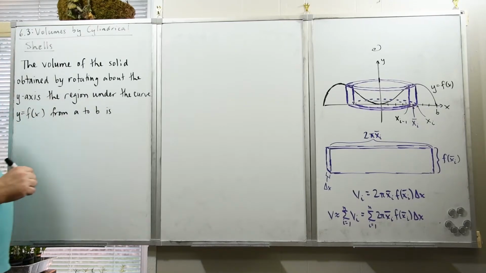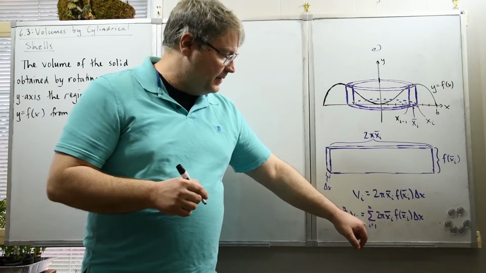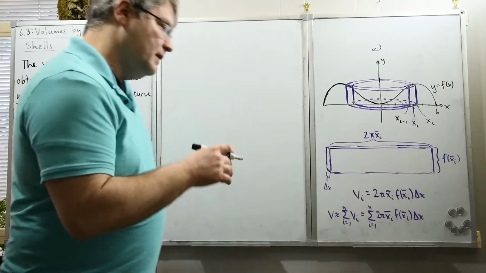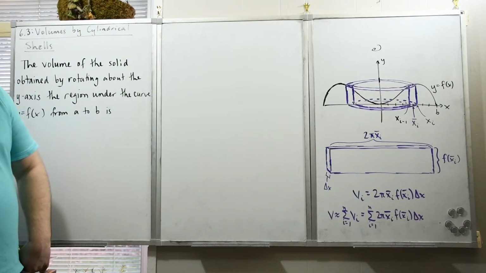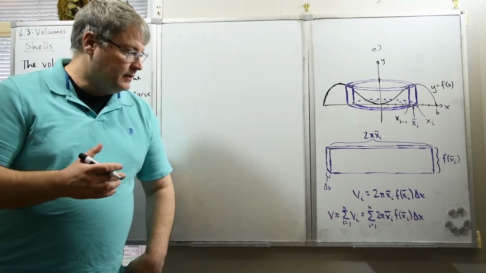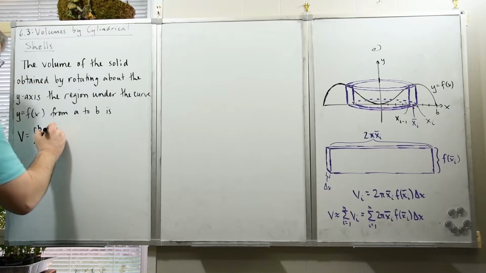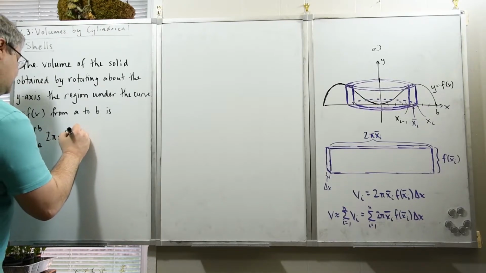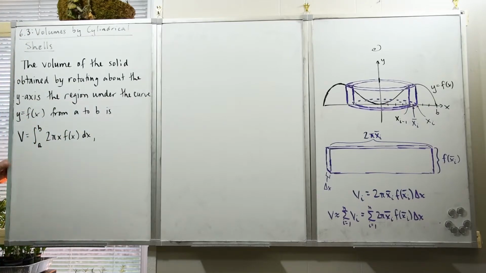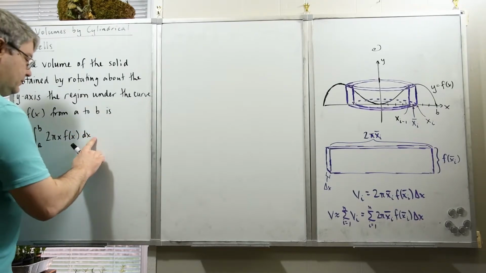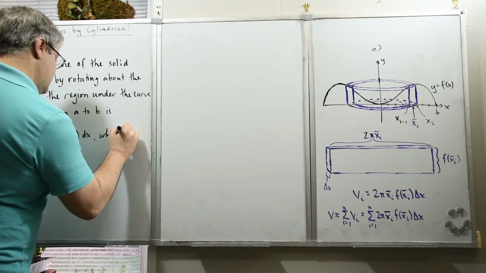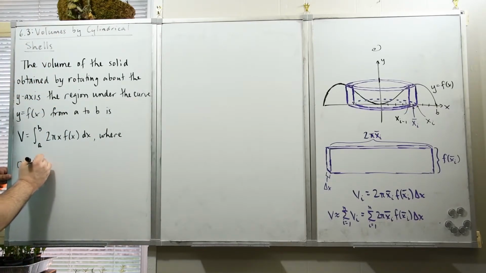Well, remember, the volume would actually equal the limit as n approaches infinity of the sum, but we can recognize that as the integral from a to b of 2 pi x times f of x dx. And that's what our volume formula looks like: the integral from a to b, 2 pi x times f of x dx. And of course, we're going to want to specify a is greater than or equal to 0 and less than b.